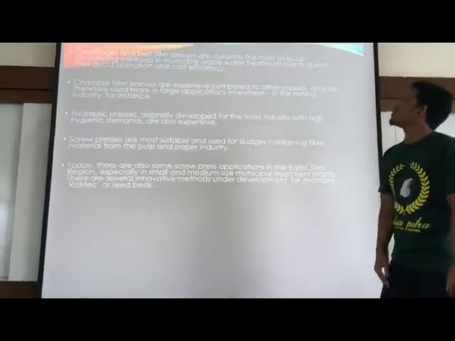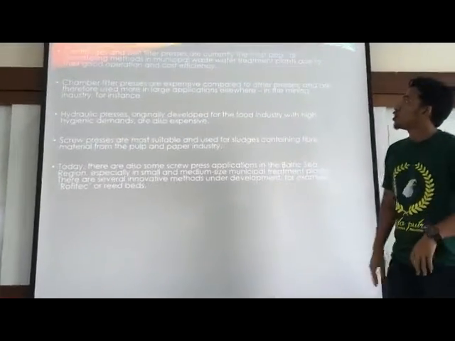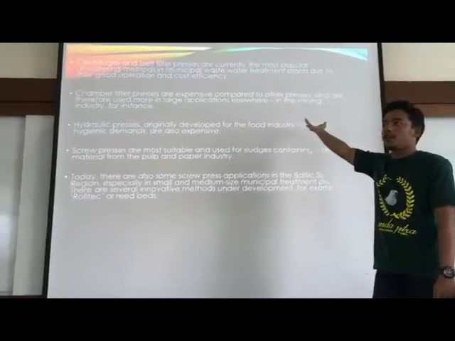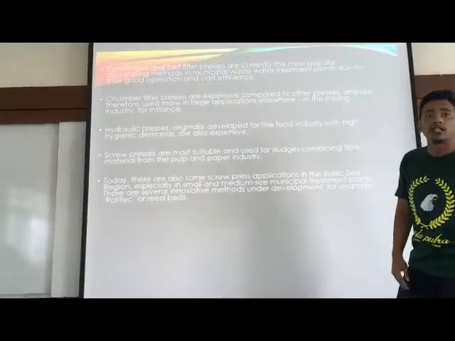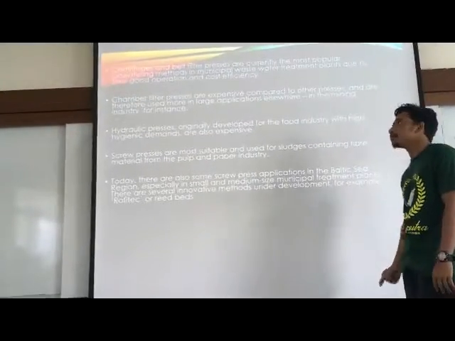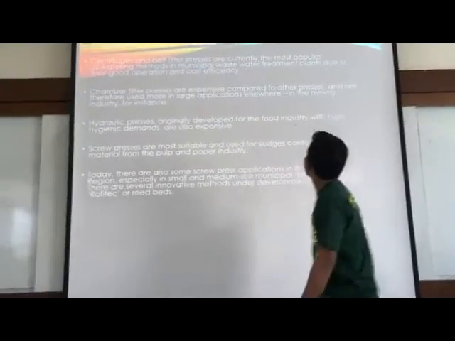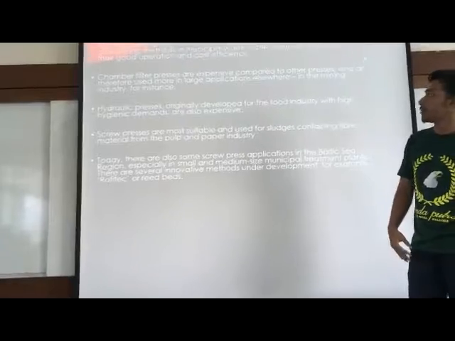Centrifuge and belt filter press are currently the most popular dewatering methods in municipal wastewater. We normally use them in the city. Due to their good operation and cost efficiency, they are suitable.